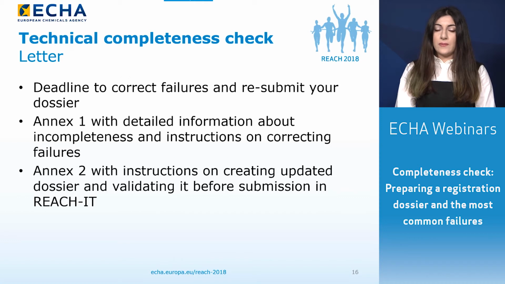The first one, the main body, includes the deadline to correct failures and resubmit your dossier. The second block of information, or Annex 1, includes detailed information about incompleteness and instructions on how to correct the failures. The third block of information, Annex 2, includes instructions on creating updated dossier and validating it before submitting it in Reach IT.